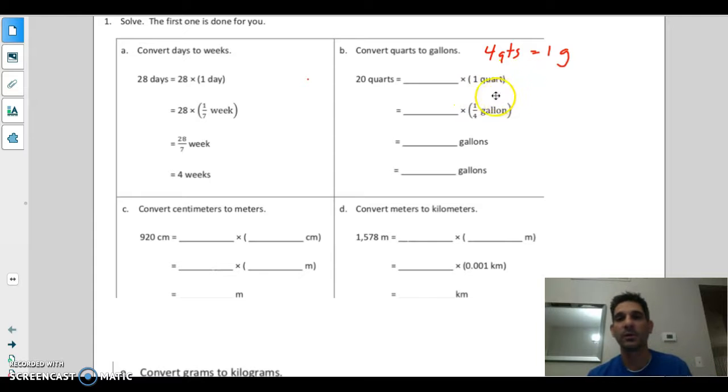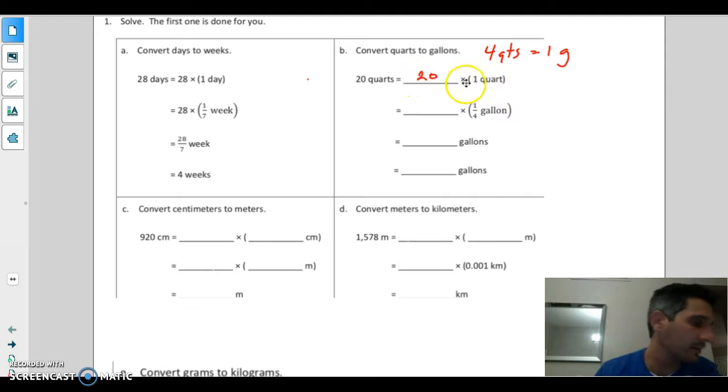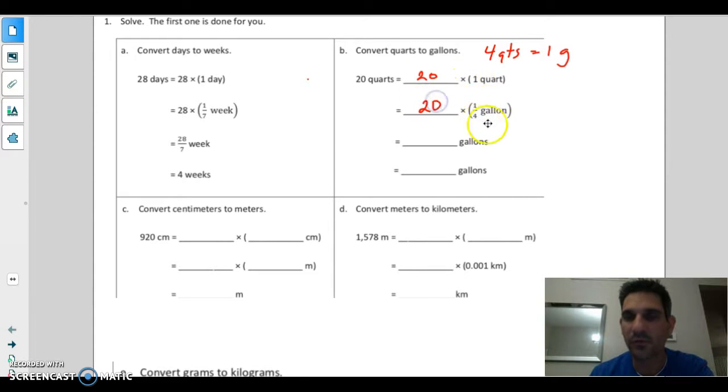Okay, so 20 quarts is 20 times 1 quart. Now, 1 quart is 1/4 of a gallon. So that would be 20 over 4, because 20 times 1 is 20, 1 times 4 is 4.